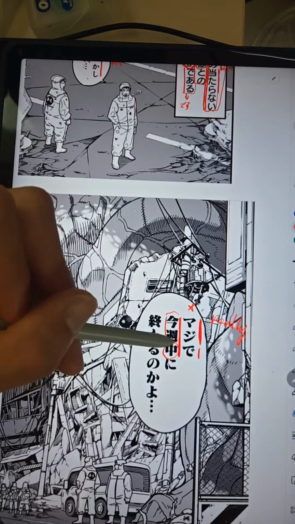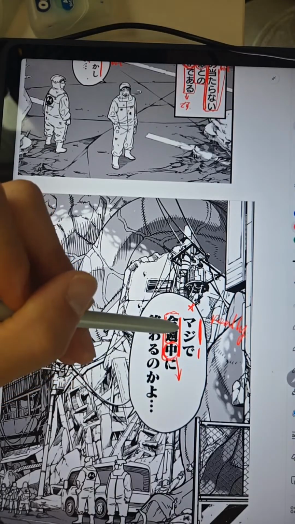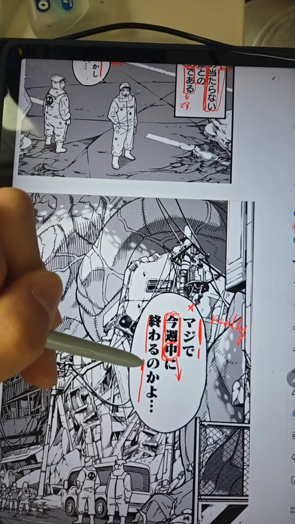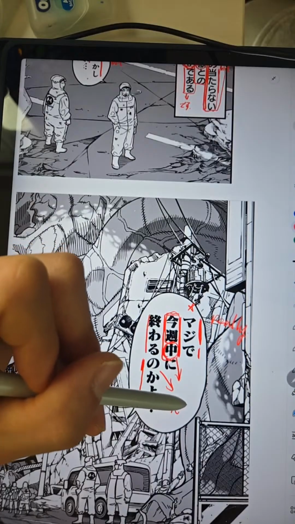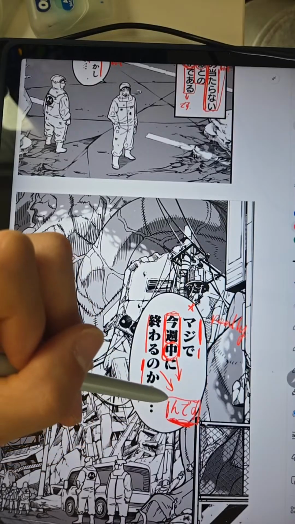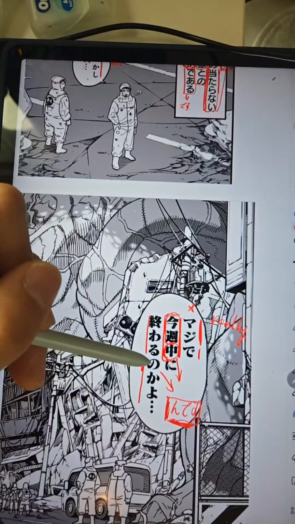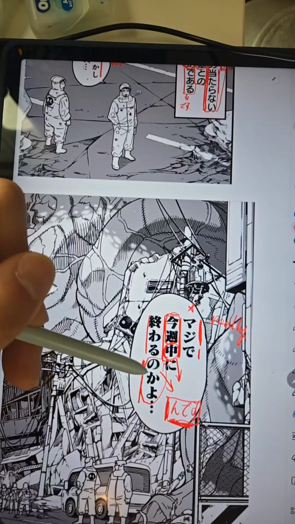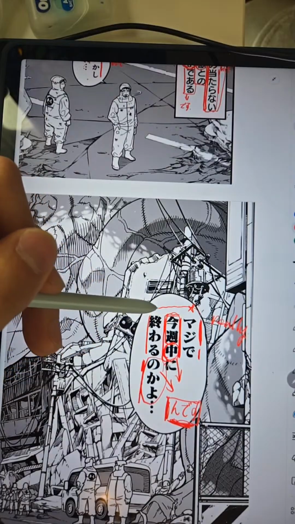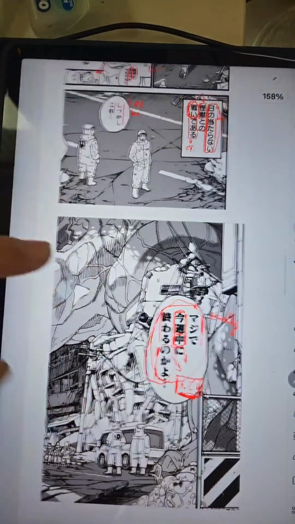By adding this kanji 中, which means within or inside, right? Within this week に終わるのかよ. This の is a grammar point that is a little bit difficult to explain with limited time. But basically, it makes whatever you're saying sound softer. So with this, can we really finish this within this week? That's what he's trying to say.